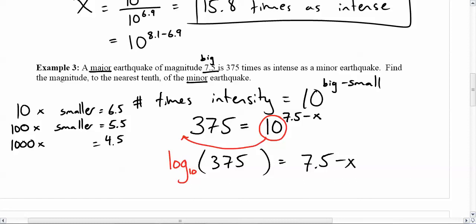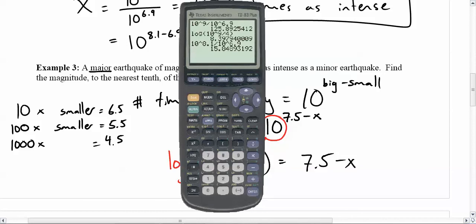You can also do this by logging both sides. But log 10 of 10 becomes 1. So you get the same answer. So let's see, log of 375 is 2.57.